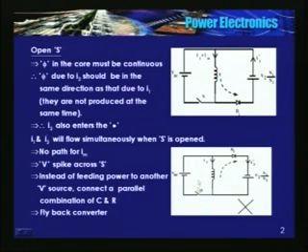I am opening the switch. Current has to be continuous, magnetizing current has to be continuous. So, it starts flowing, it has to flow in this direction, but then there is no path. There is no path. So, diode connections are very important. If you make a mistake in the diode connections, the circuit will fail, because there is no path for the magnetizing current to flow when I open the switch.